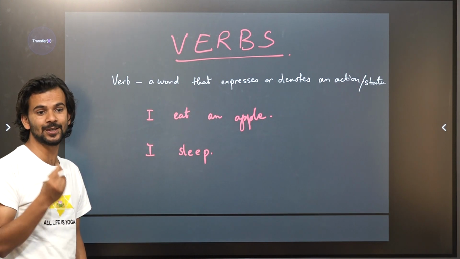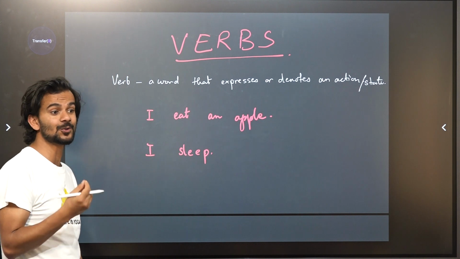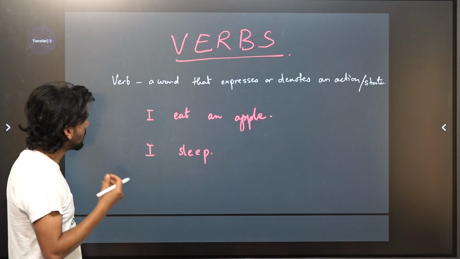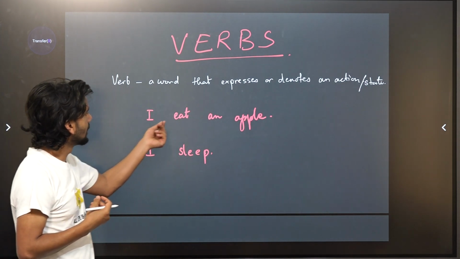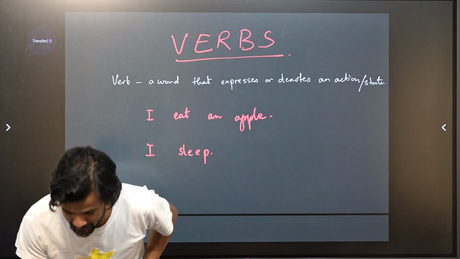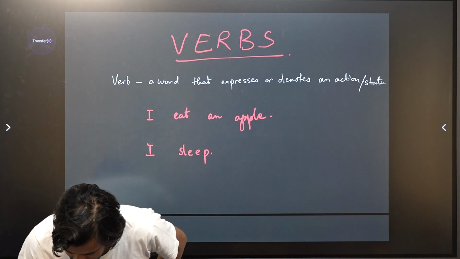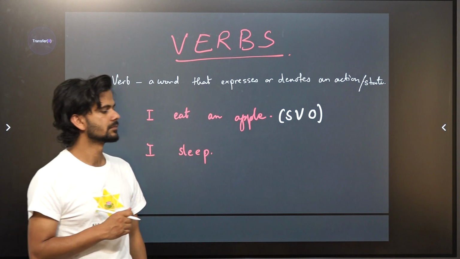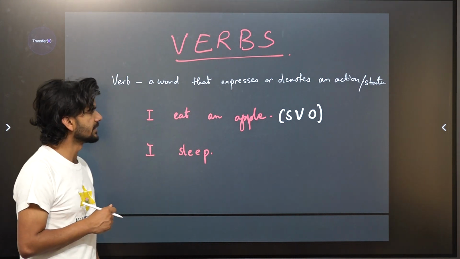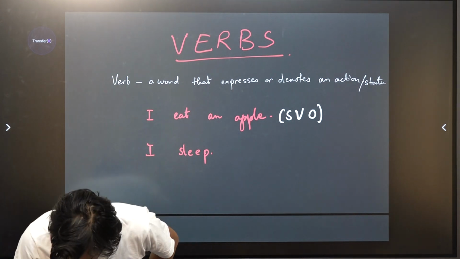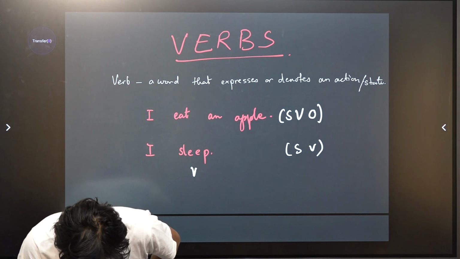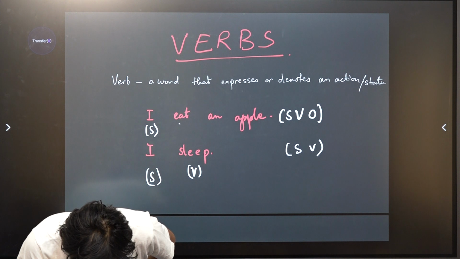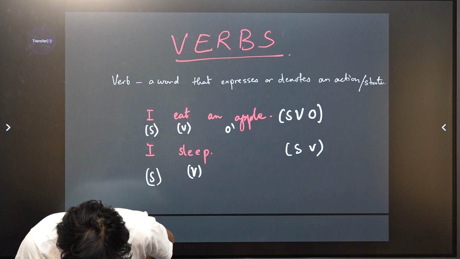I'm just asking you to figure out what the sentence looks like. In the first sentence, there is an object. The sentence structure is subject, verb, object. In the second sentence, there is subject and verb. So this is the verb, this is the subject. Here you have subject, you have verb, you have object.